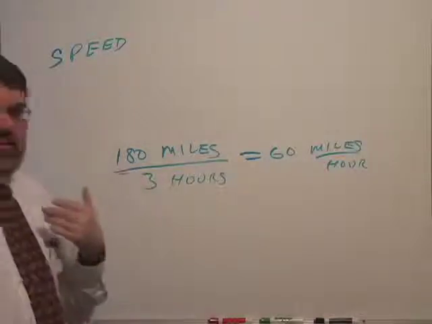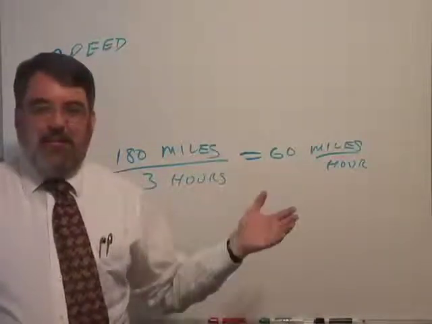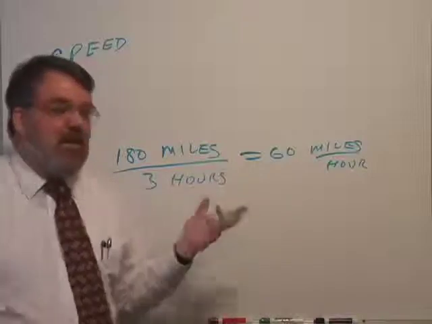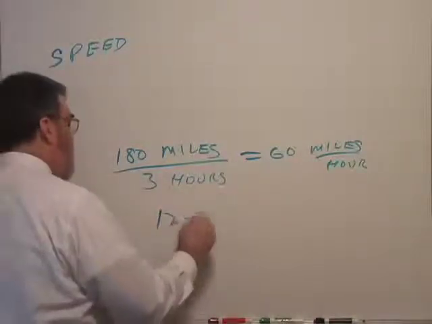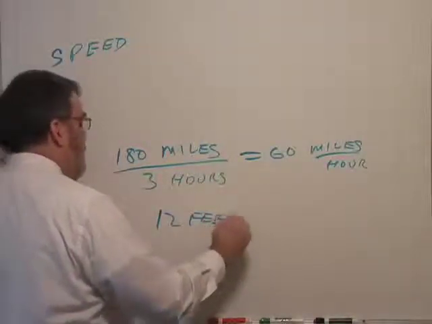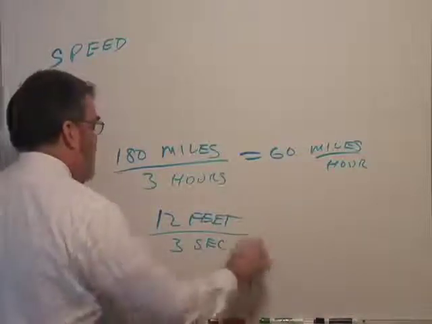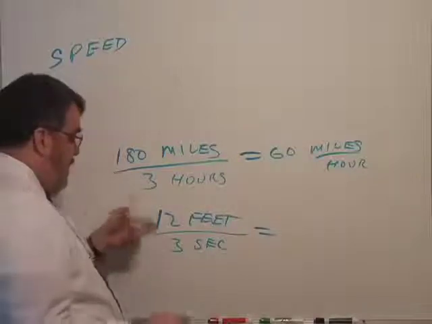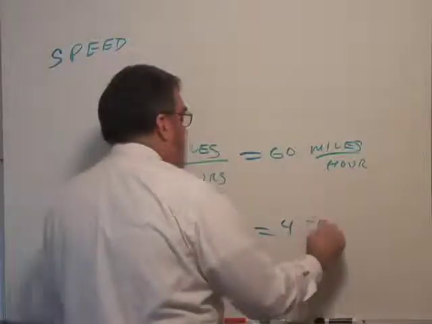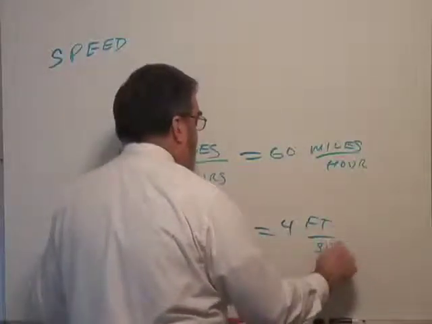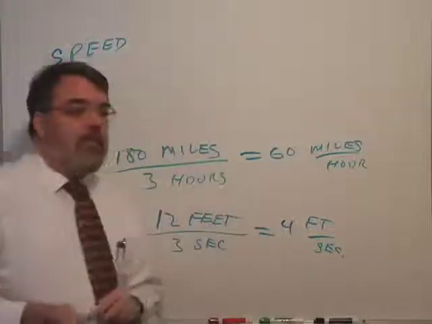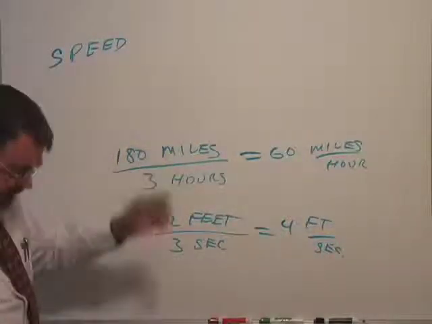And if I were to walk across my little spare bedroom here, suppose I could walk 12 feet in 3 seconds. Okay, so this would be what? This would be 4 feet per second. Now, what do these have in common?